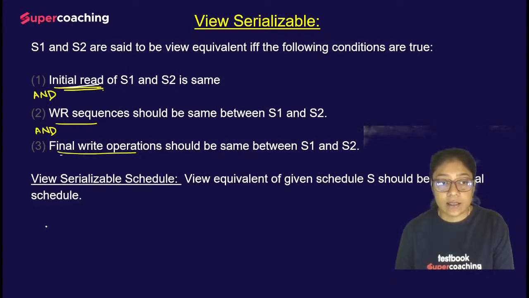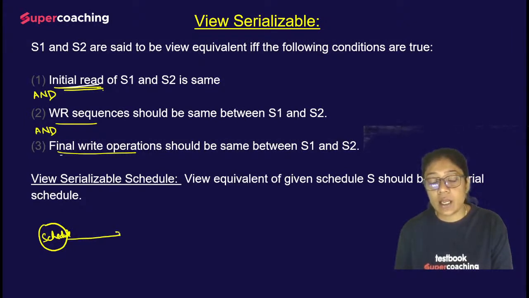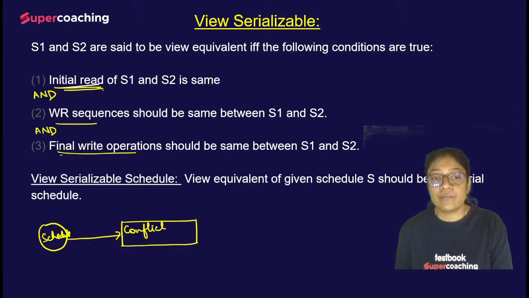What I'm saying is, let's assume that we are given with some schedule. So first of all, we'll check if it is conflict serializable or not. So answer can be yes or no. या तो conflict serializable होगा या फिर नहीं होगा.